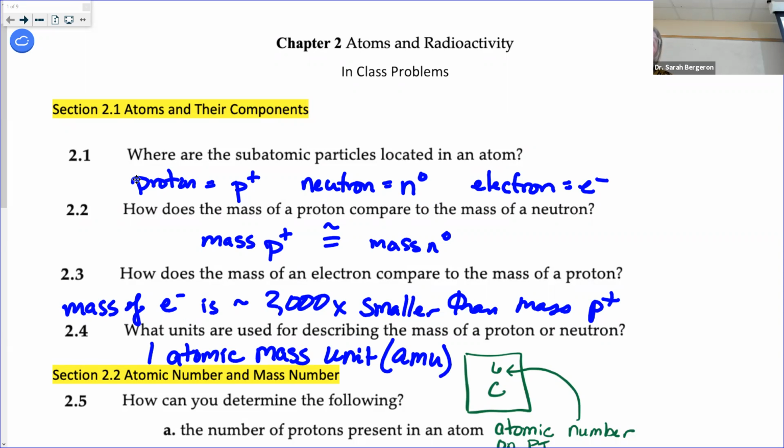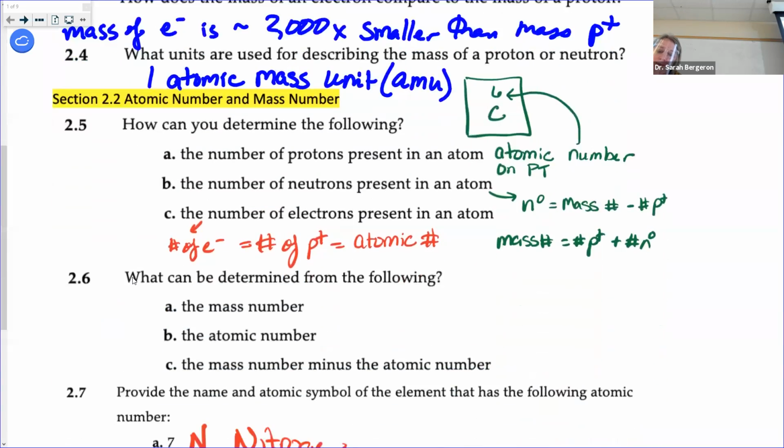So the mass of an electron would be 1/2000 of an AMU, right? Really, really tiny.